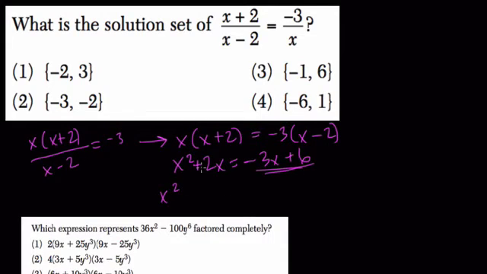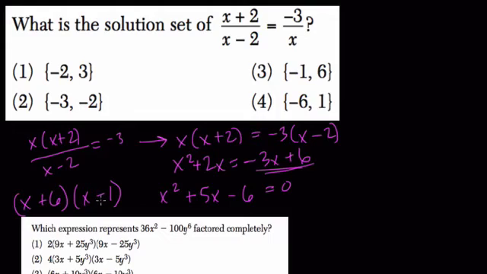So that gives us x squared plus 2x plus 3x is plus 5x minus 6. Alright, then this equals 0. What factors of negative 6 multiply to negative 6 but add to 5? I'm going to use x plus 6 times x minus 1. So those, minus 1 and plus 6, multiply to negative 6 but add to 5.